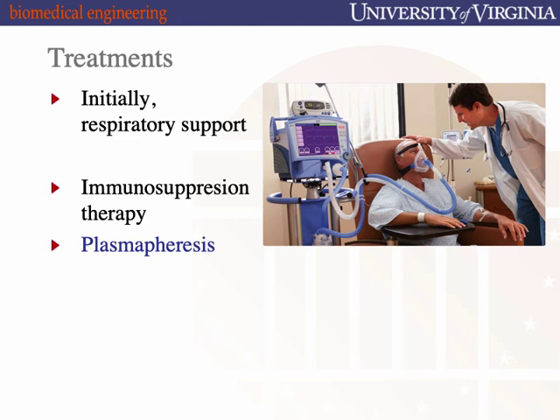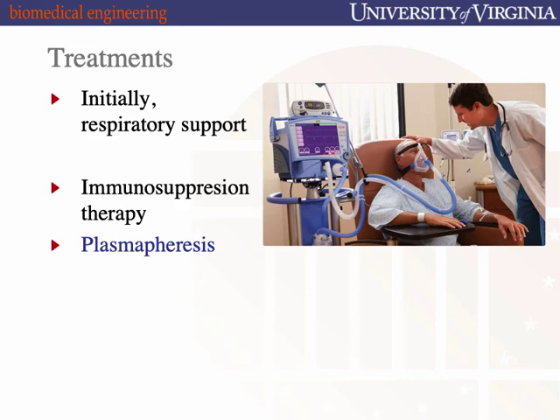Yeah? So you don't replace it with the plasma? Well, the plasma donor, if they're a good match, then yes. You have to do this so often that it becomes sort of a supply issue.